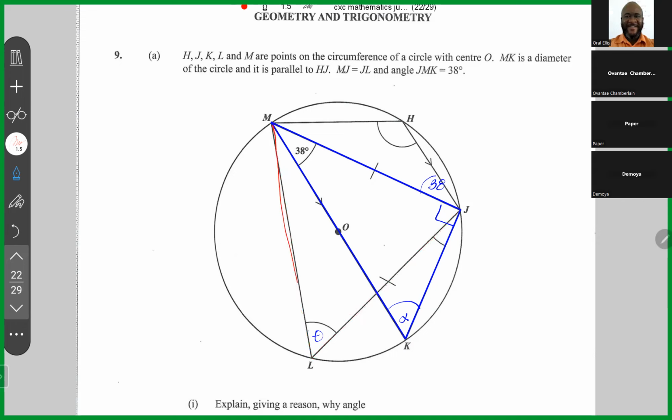That should work. All right, that angle there and this angle here.